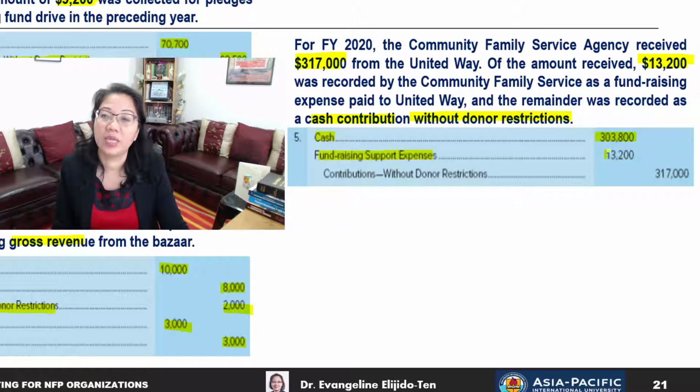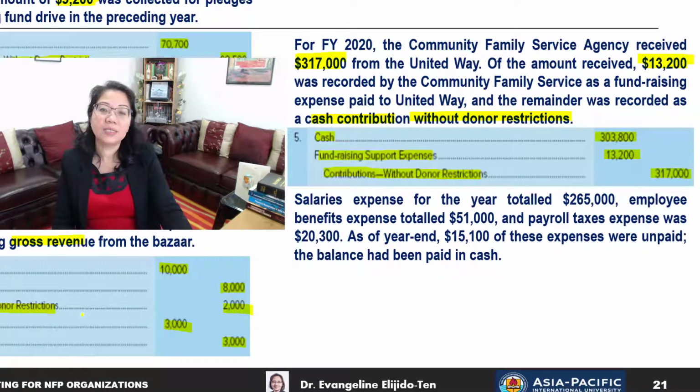Fundraising support expenses is that 13,200, and the contributions without donor restrictions is the full amount of $317,000.